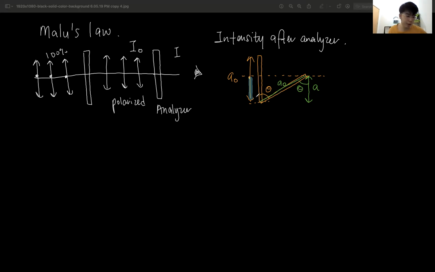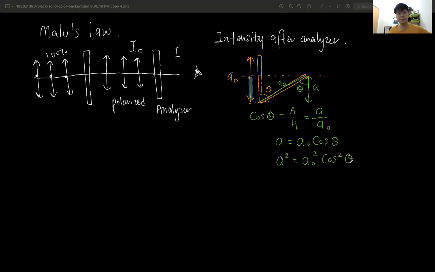Let's do a simple derivation from cos theta. Cos is adjacent over hypotenuse. So adjacent is A over A naught. Then we move like this: A equals A naught cos theta. Square both sides, we get A square equals A naught square cos square theta.